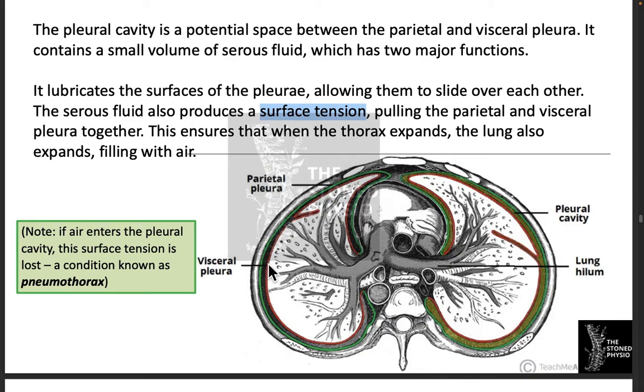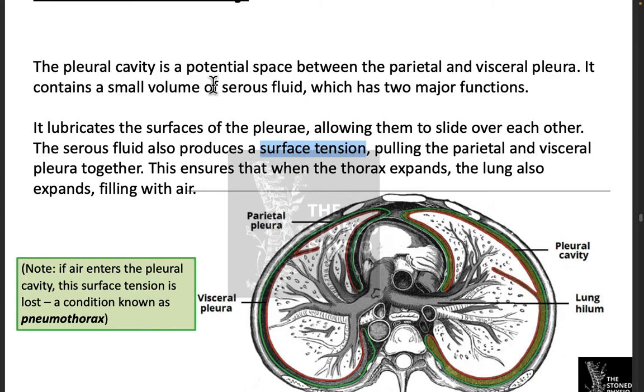In this cavity we have this serous fluid. The pleural cavity is a potential space between the outer layer and the inner layer, and we have pleural fluid present between these two layers.